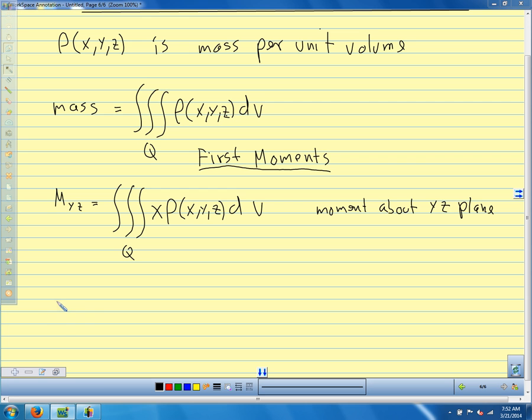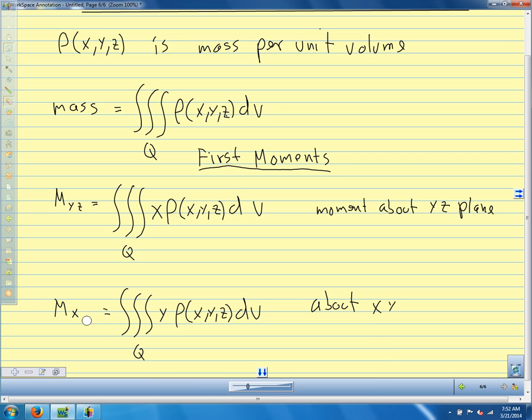The moment about the XZ plane, the distance from the XZ plane is y. So we have our same triple integral over our region, y times our density function, dV. So this is about the xz plane, sorry.